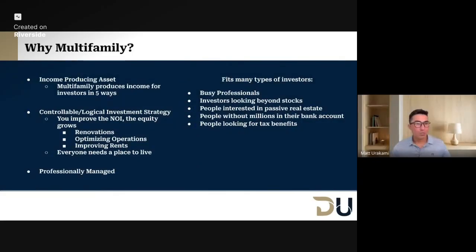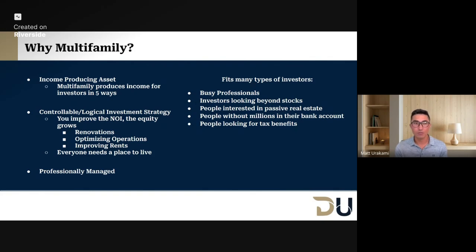So I'm going to get into a bit of why multifamily syndications exist. From our standpoint as general partners, it is an income-producing asset. And there's a myriad of ways to make money through syndications, which I'll touch on in a bit, 5 ways specifically. It is a logical investment strategy. The property itself is a business. It operates in its own right, meaning from the day you acquire it, you're going to increase your revenue.